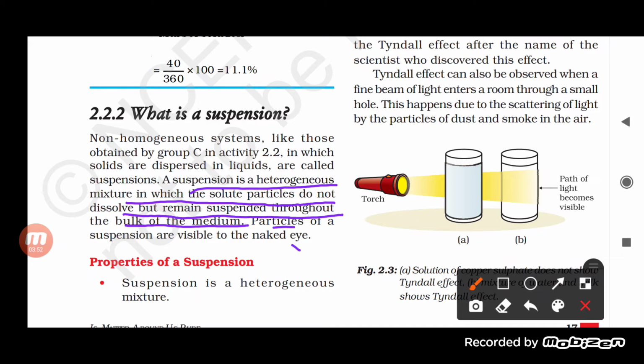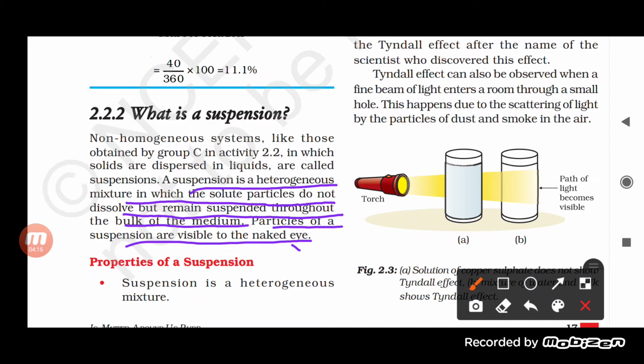Even the particles of a suspension are visible to the naked eye. Remember that: solution is a homogeneous mixture; colloidal seems homogeneous but is actually heterogeneous; but a suspension is always a heterogeneous mixture.